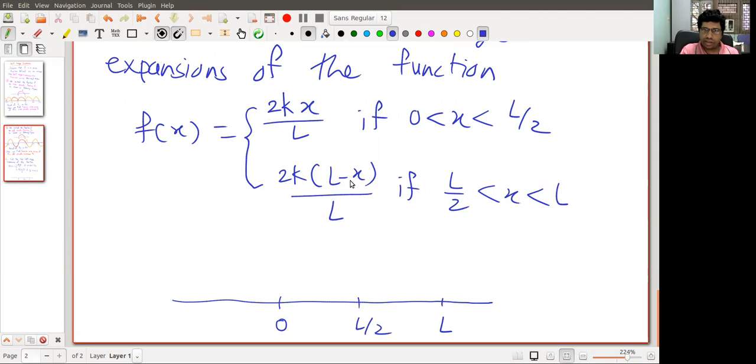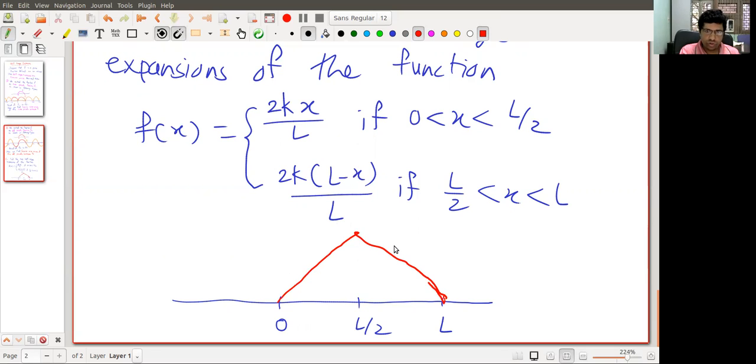This is also a straight line, but there is minus x, so the slope is different. And when x is L by 2, then this is L minus L by 2, that is again k. So at L by 2 both the values are k, and when x is L then this is 0. So this looks like a triangle. So the rough sketch is like this, and this height is k.